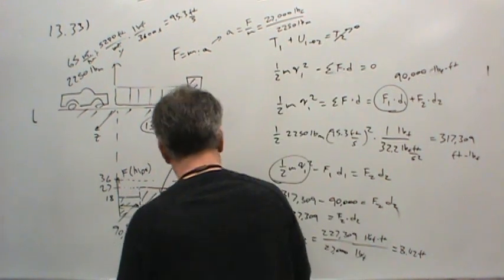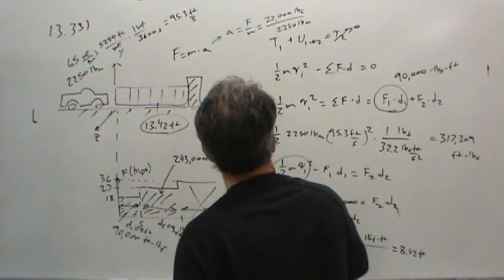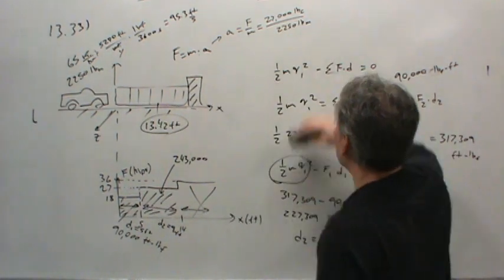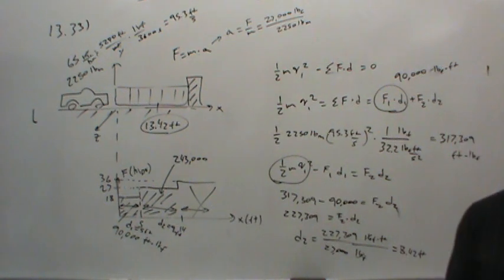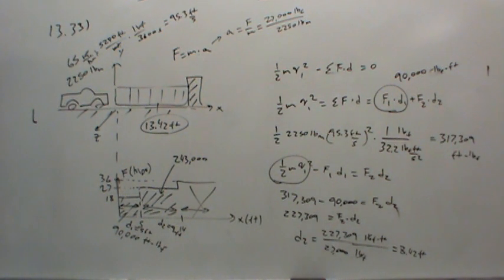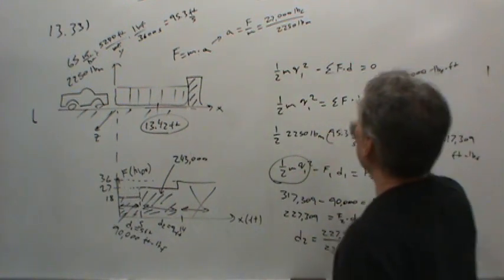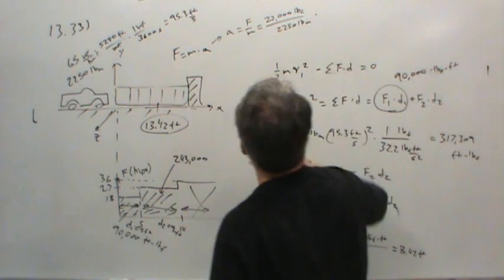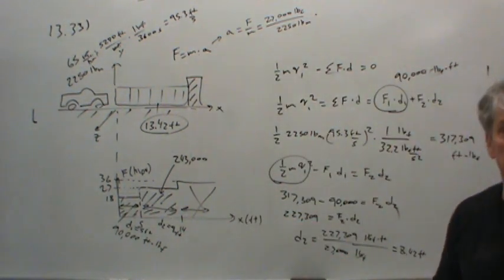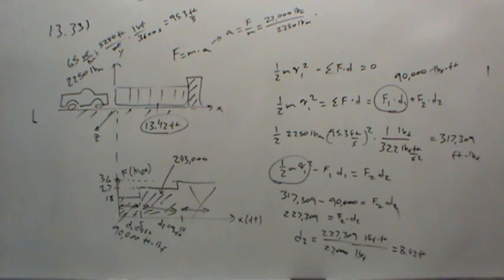Why would we care about the maximum deceleration? Because if you get too much deceleration, you're going to kill the occupants. Right? Not a good idea. But these are not units of acceleration we are used to. How can we get this to feet per second squared? Pound force per pound mass is acceleration.